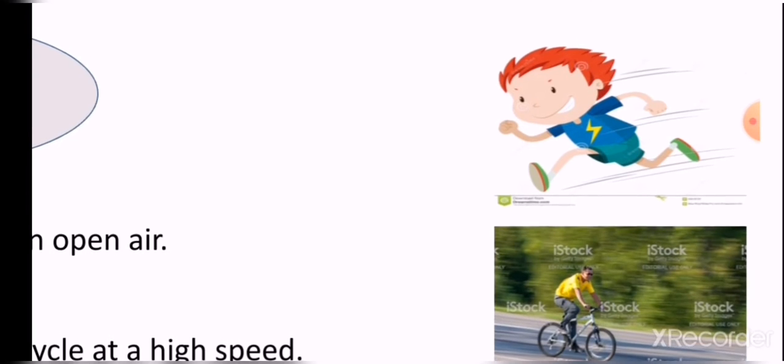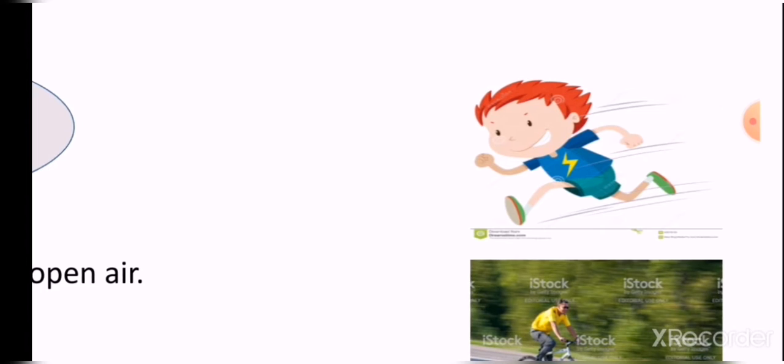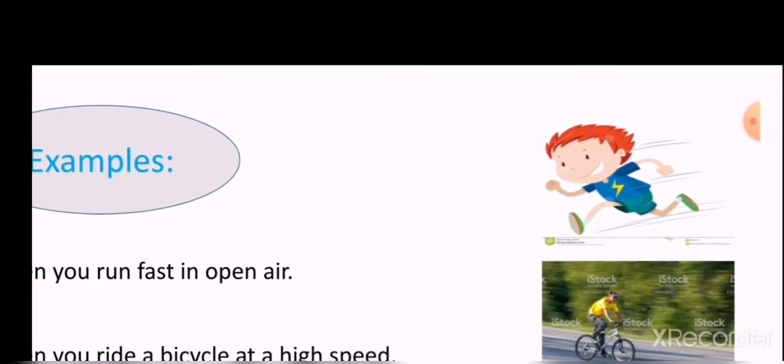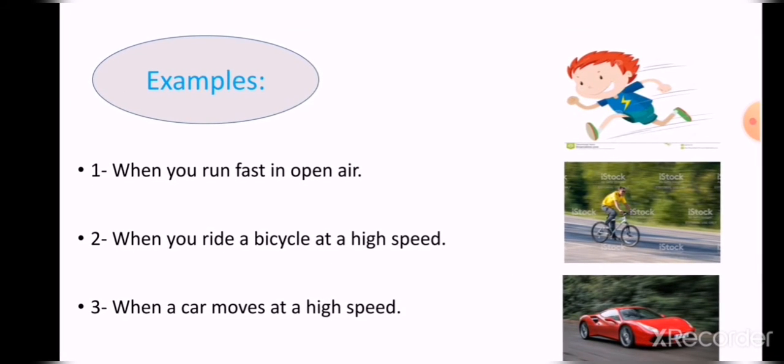When the boy moves at high speed, the air resistance increases. And when you ride a bicycle at high speed, you feel more air on your face. And when the car moves at high speed, the air resistance also increases. Okay?